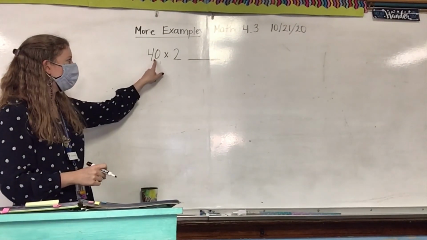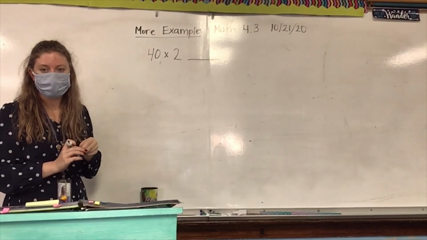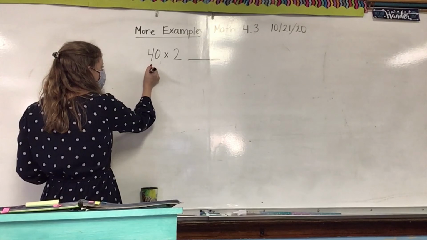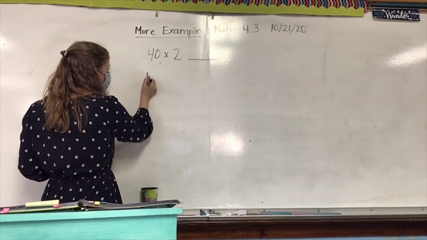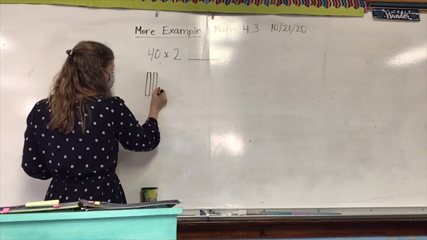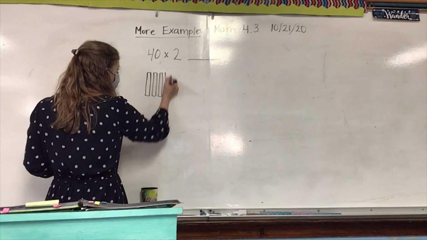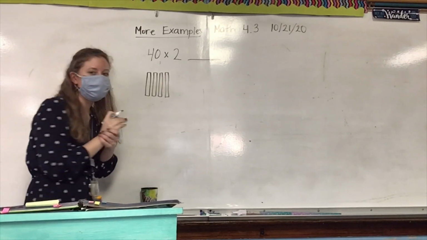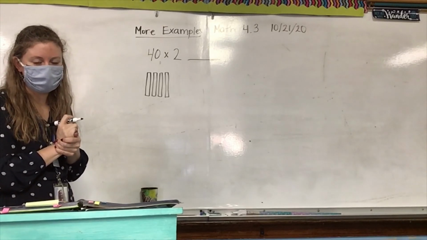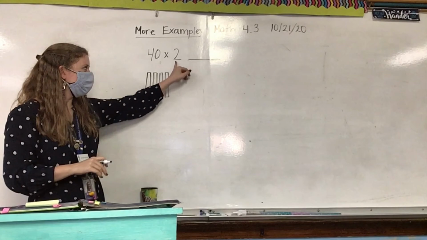Do I model 40? Or do I model 2? Or do I model both? 40. How do I model 40? 4 tens. 1, 2, 3, 4. 4 tens and how many ones, Zari? No ones. Okay, now this 2.